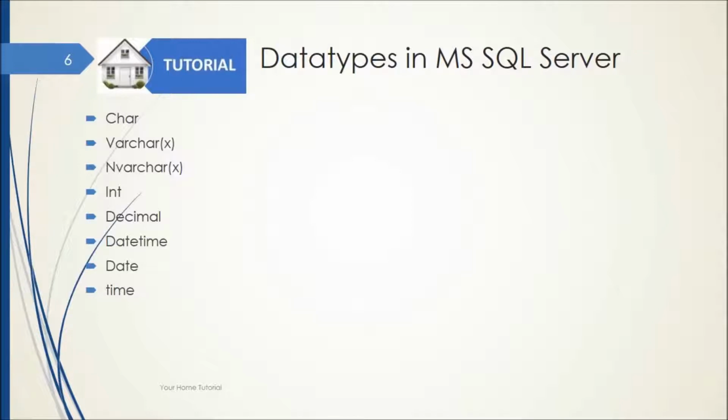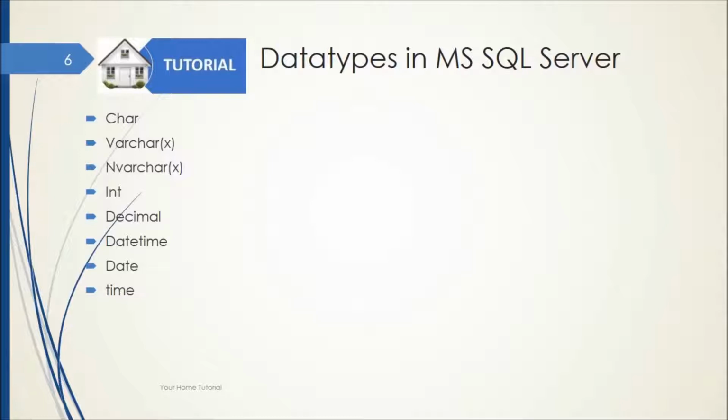The difference between varchar and nvarchar is basically that nvarchar can store both Unicode and non-Unicode characters, while varchar cannot store Unicode characters. So nvarchar gives us a bigger area to store the data.